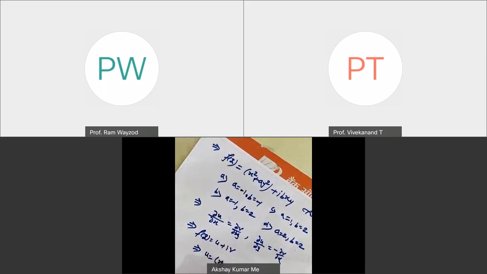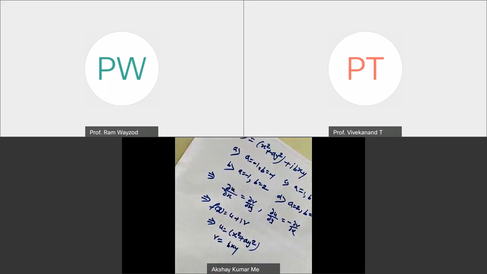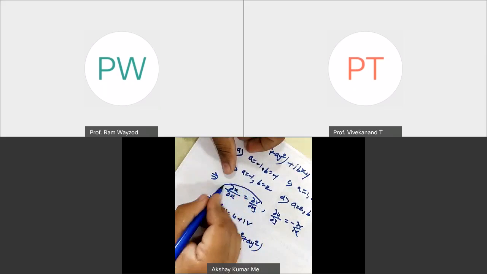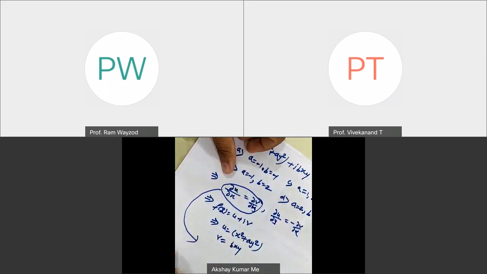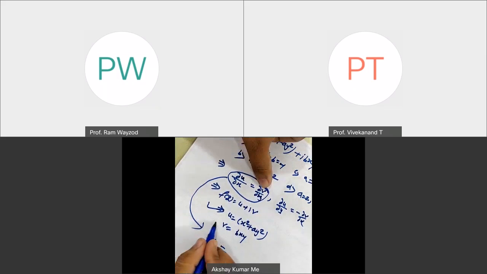So we get u is equal to x square plus a y square and v is equal to b xy. Using this, del u by del x gives 2x is equal to del v by del y. So we differentiate v with respect to y and get bx. So we get b is equal to 2.